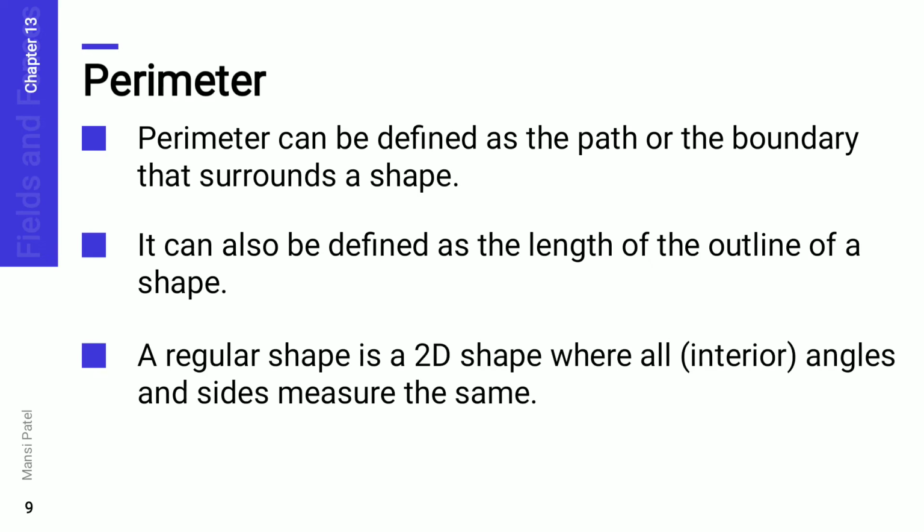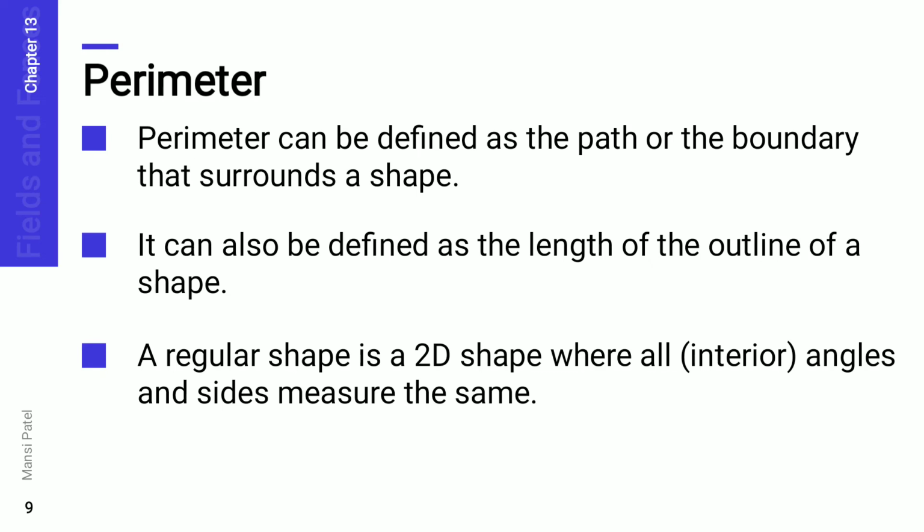A regular shape is a 2D, two-dimensional shape where all the interior angles and side measures are the same. A regular shape means the sides of that shape are the same. If a triangle is given, then all the sides of the triangle are 3.